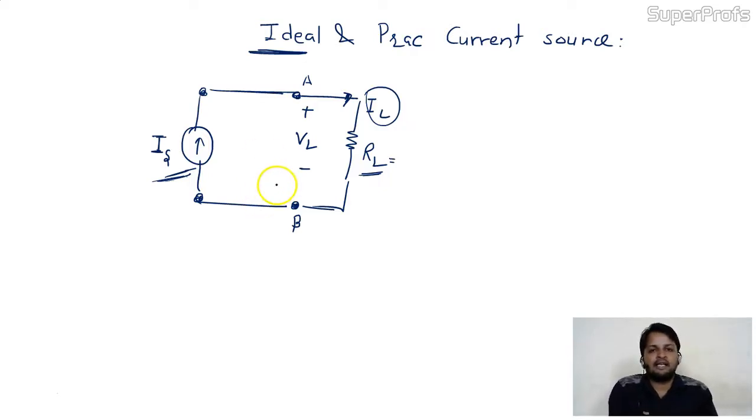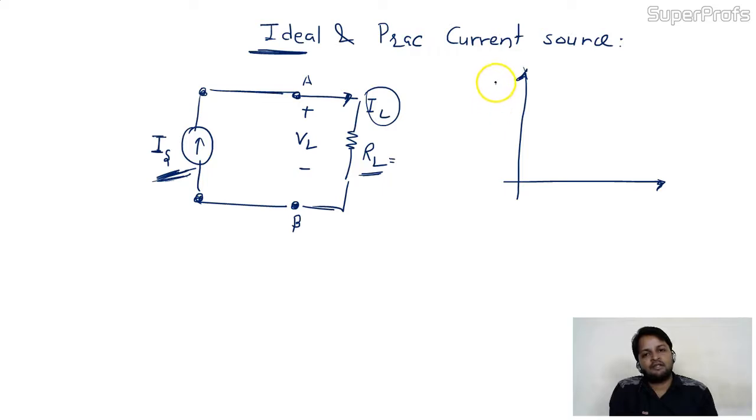In the ideal voltage source, the voltage was the same, whatever current you take from the circuit. Here, whatever VL you take from the circuit, the value of the input current will not change. Means if you draw the characteristics, they say whatever voltage you take, the value of current will be the same always.